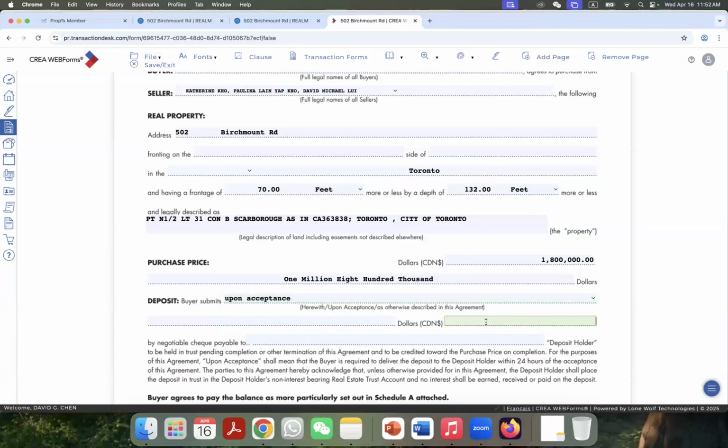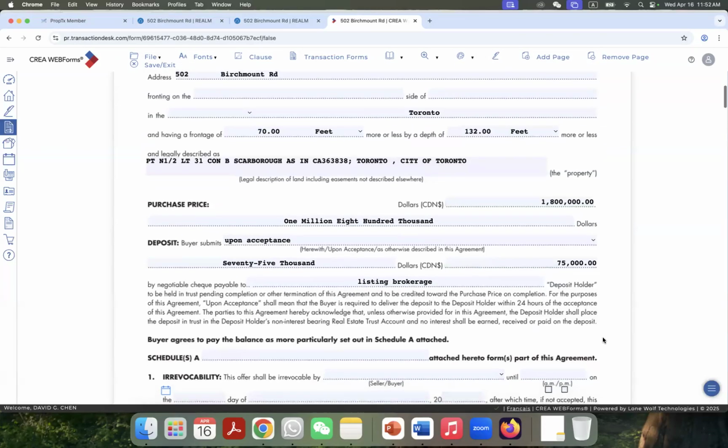Normally 5% will be 60, 70,000. Let's see, 5%. You can use 75,000, right? Payable to the listing brokerage for sure. Okay, so that's the kind of thing you need to know.